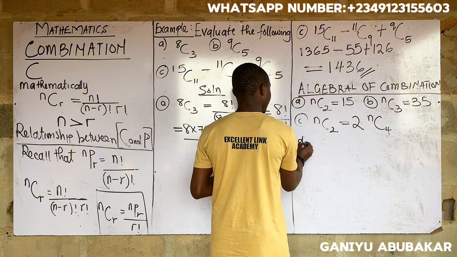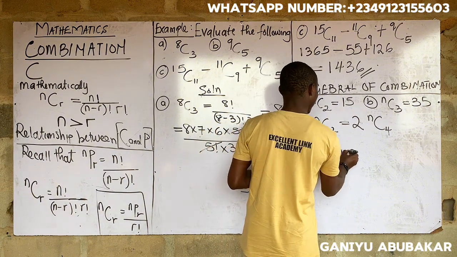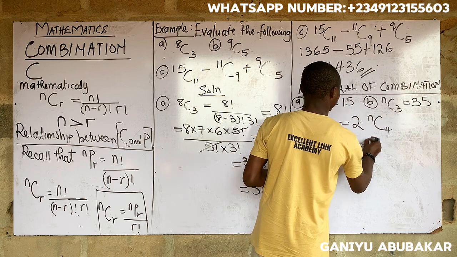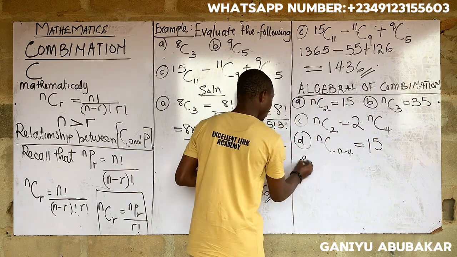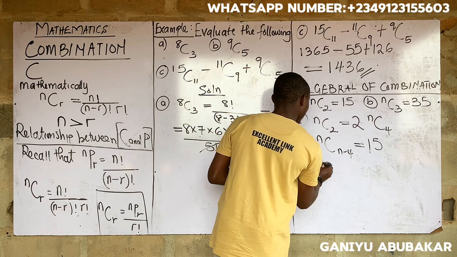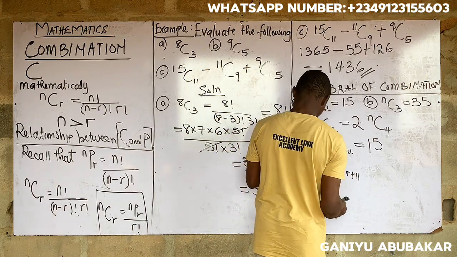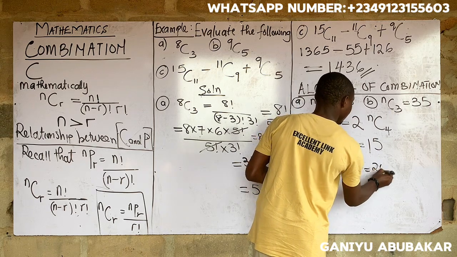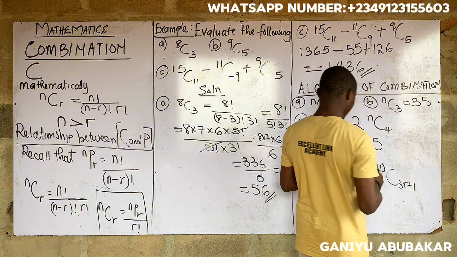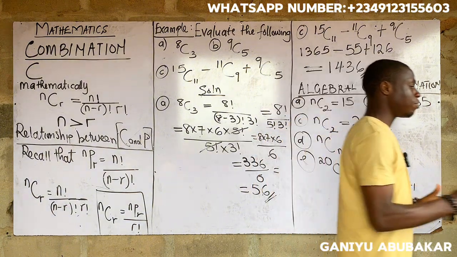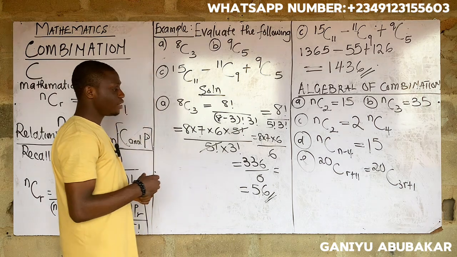Let's look at D. For D, they have n combination n minus 4 equal to 15. And then E, I have 20 combination r plus 11 equal to 20 combination 3r plus 1. Let's try to solve this particular problem here, and let's see what we get.